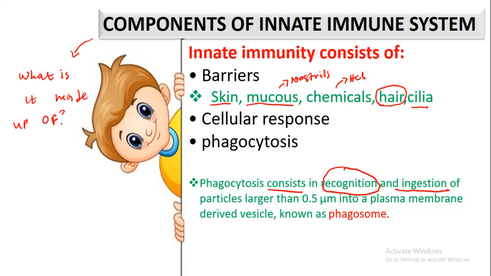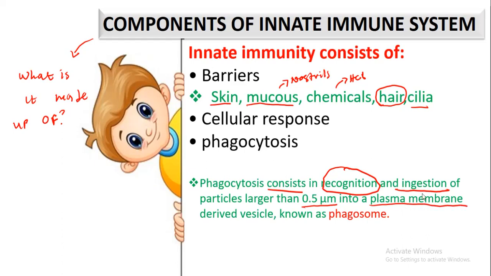During this process, these cells are able to identify the bacteria or any foreign particle, and they are going to engulf it. Now, what kind of particles are engulfed by these cells? Any particle which is larger than 0.5 micrometers has to be engulfed, so long as it is able to penetrate through the plasma membrane.